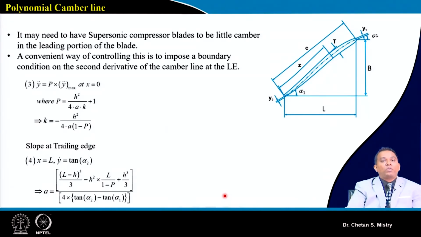In order to have that configuration, we put in the boundary condition as we have discussed: at x equal to 0, the second derivative is P times the second derivative having maximum value, which leads to the value of K as well as the value of P. Now we know the slope at our trailing edge. Based on that, we can calculate the value of A.